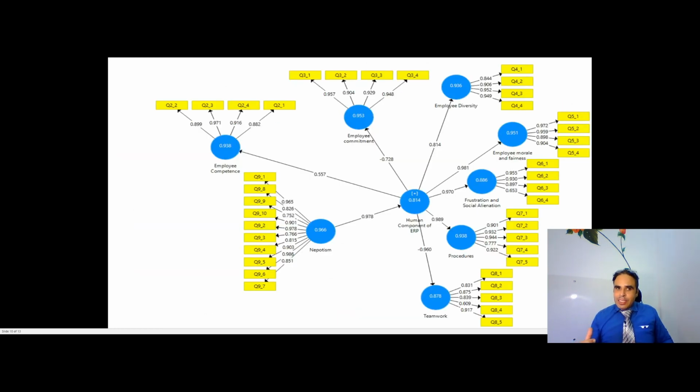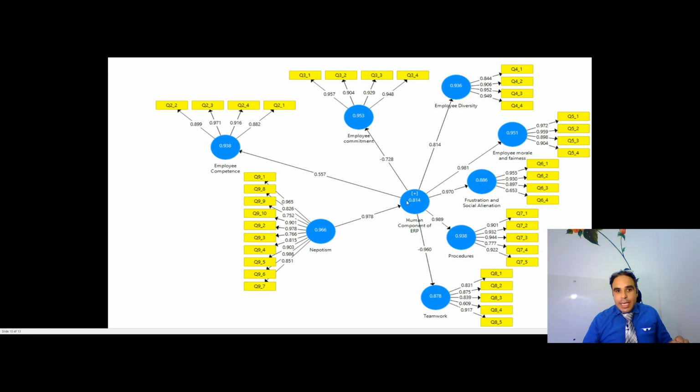Here is another Smart PLS SEM application. This is for one of the articles that we have already written along with my supervisors. We are studying how nepotism impacts the human component of ERP, enterprise resource planning systems.